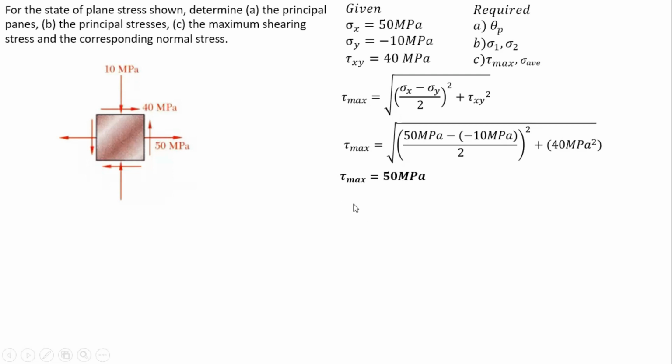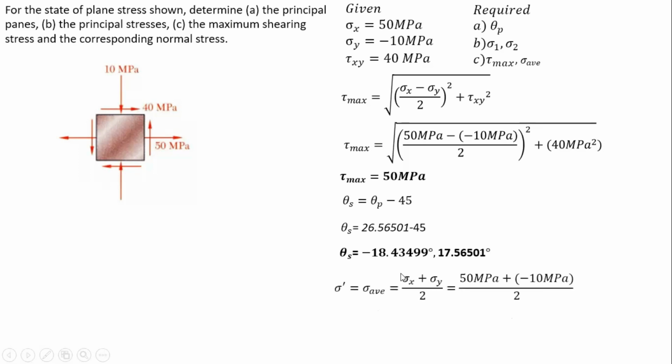After getting tau max, let's find theta s from theta p. As stated in the previous slide, theta s is equal to theta p minus 45. So theta s is equal to 26.56 minus 45, which is negative 18.44 degrees. After getting theta s, let's solve for the average stress.